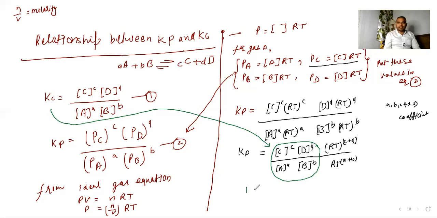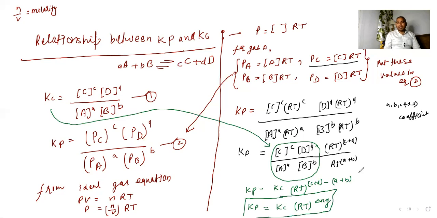So Kp is equal to Kc. And the base RT is the same, so it is going to be RT to the power of (c plus d) minus (a plus b). So Kp is equal to Kc times RT to the power delta Ng. This is the relation between Kp and Kc.